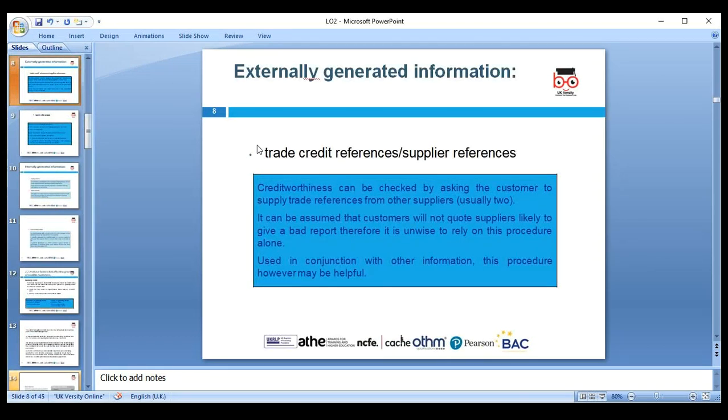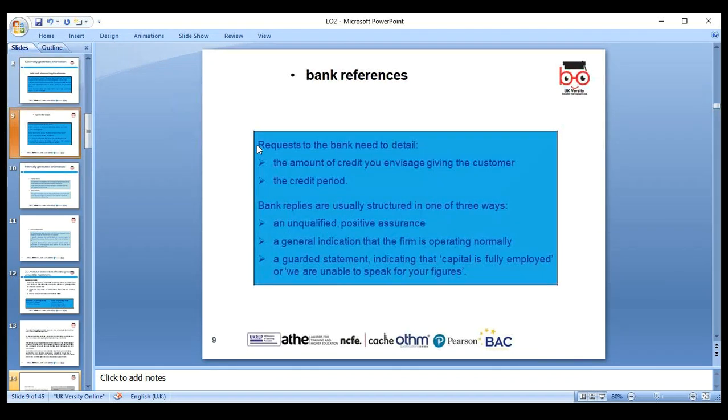External generated information includes trade and credit references and supplier references. Creditworthiness can be checked by asking the customer to supply trade references from other suppliers they have dealt with. It's like when you apply for a job, the employer gets a reference too.